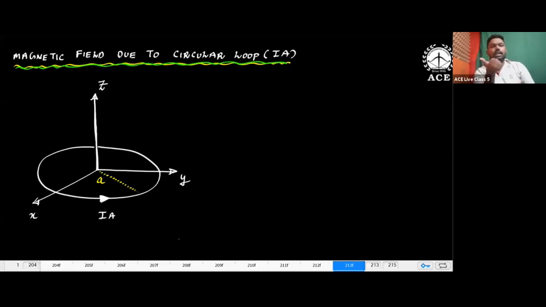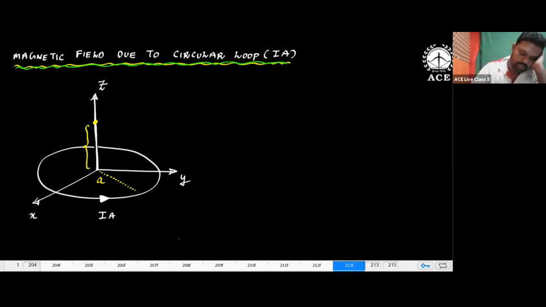If I put my thumb in the direction of current flow, my fingers will show the direction of magnetic field. I'll go away from the center at a distance of B. I want to find out the magnetic field.